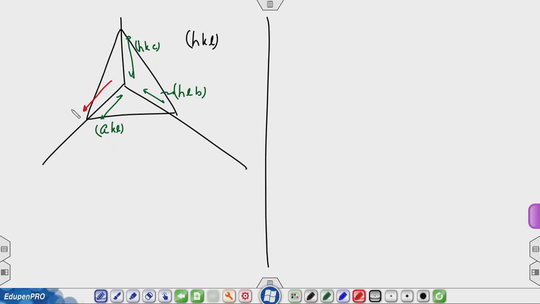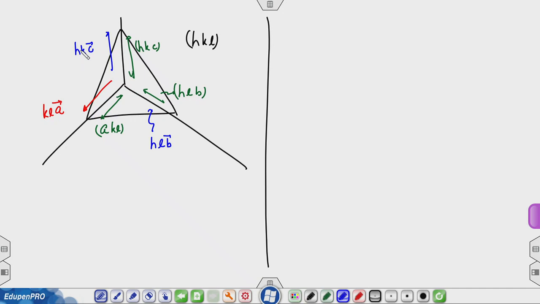Vector here is KL A. The vector here is HL B, and the vector going to the top is HK C.